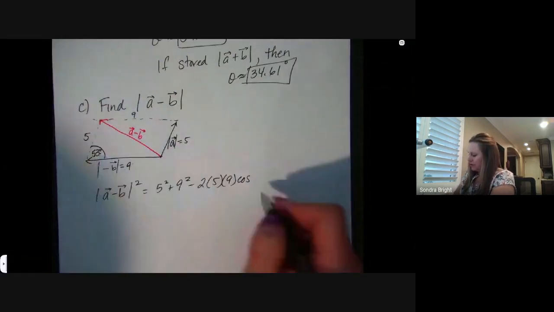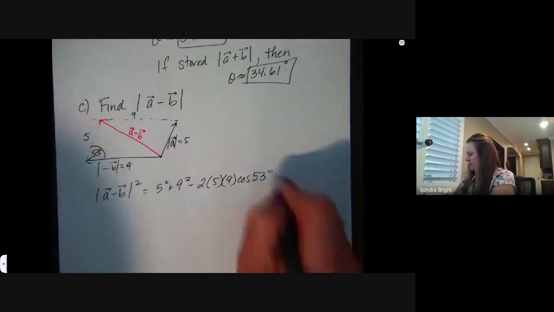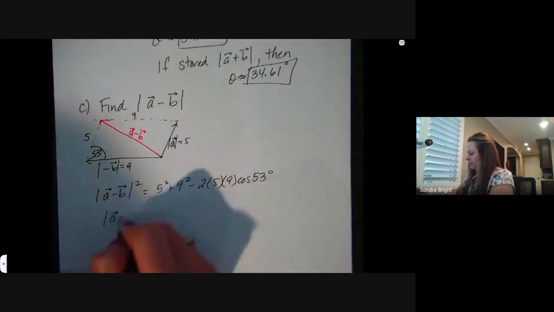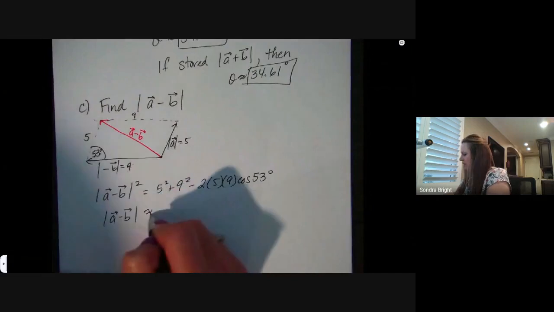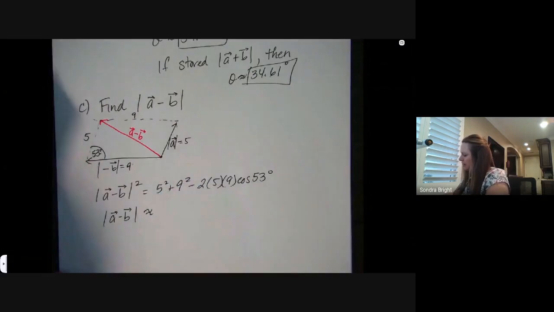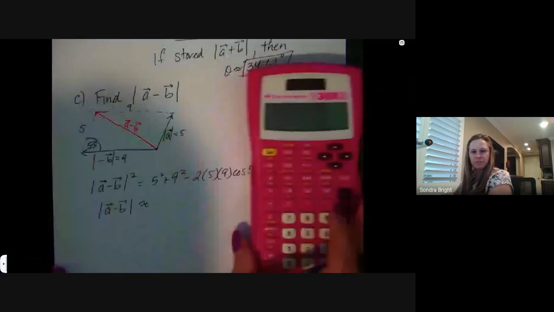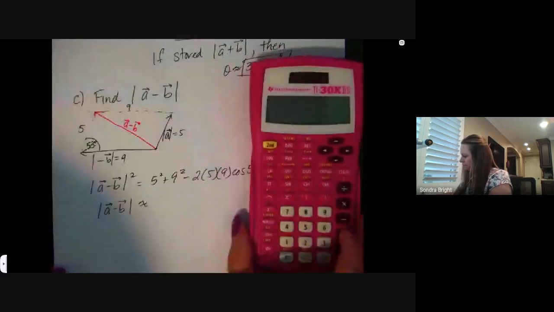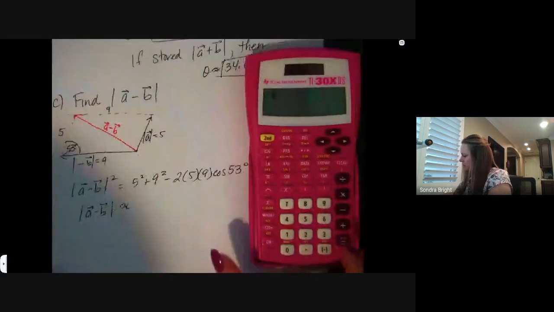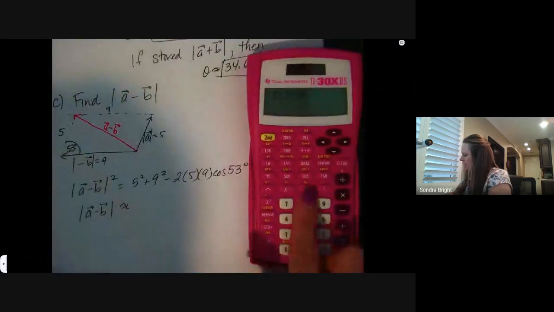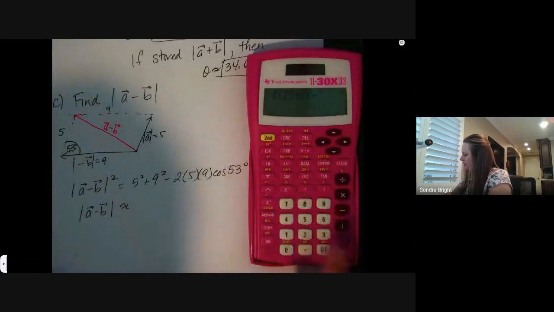And when you put that in your calculator and take the square root, let's store it this time so we're good boys and girls. So I'm going to do the square root of 25 plus 81 minus, what is that, 90 cosine of 53.